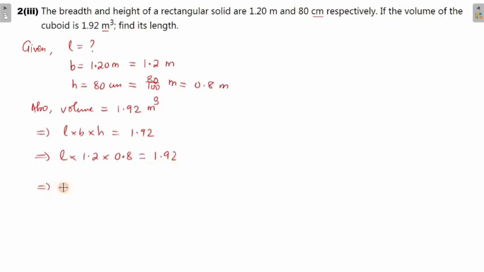Now L is going to be 1.92 divided by 1.2 into 0.8, since 0.8 goes to the denominator. When you do the simple cancellation, you get your answer to be 2. Exactly, it will be 2.